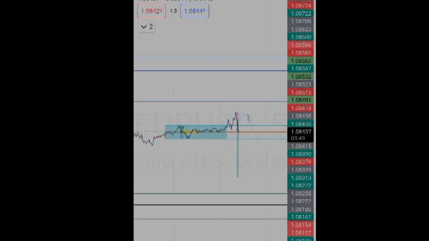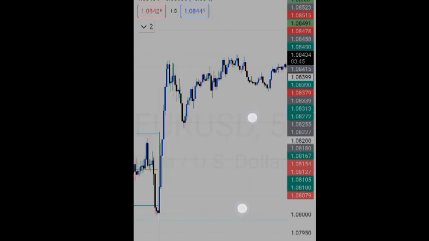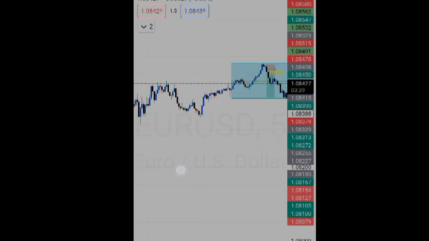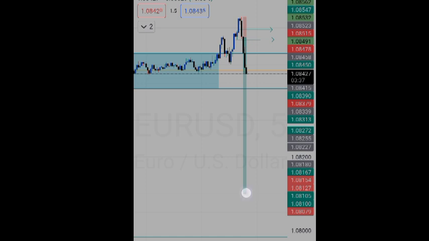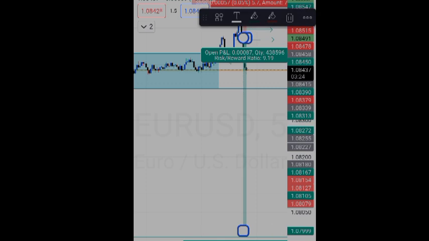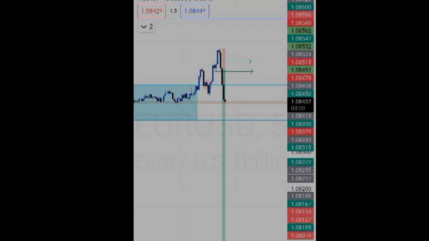Let me see any close-up liquidity. Anyways, to this place. Is it going to go there?